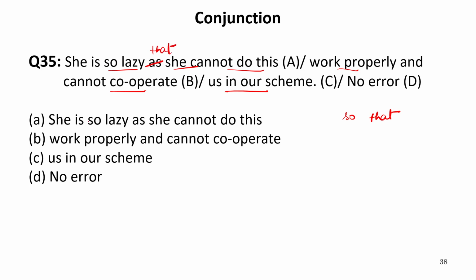So, our error is in part A, so our answer is A. If we use so as, it has to be used in a negative sentence and in positive degree of comparison. For example, we say he is not so intelligent as she. So there we can use so and as to make the comparison and in a negative sense.